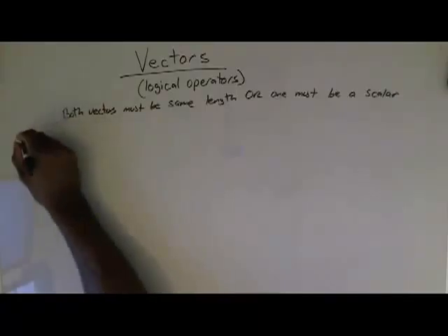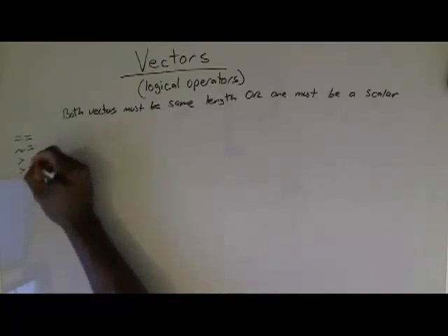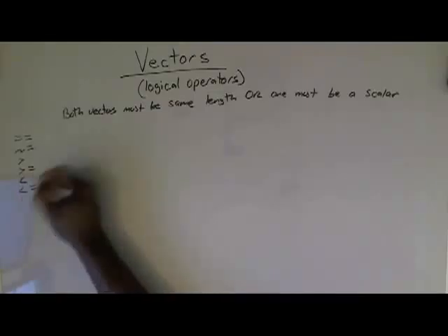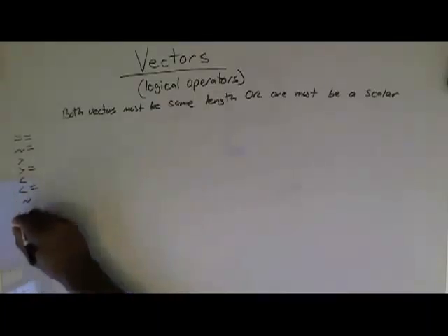Let's go over here, and remember we have available to us equal to, not equal to, greater than, greater than or equal to, less than, less than or equal to, not, which is just a tilde. We have and, which is the ampersand.